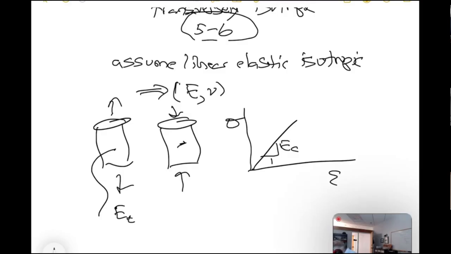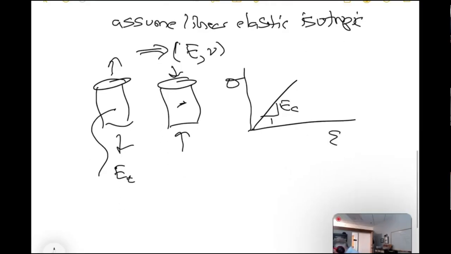Are they going to be the same? What do you think? If it was a linear elastic isotropic theoretical material, would they be the same? Yeah, I guess, but for real rock, it won't be the same. You are correct on both points.